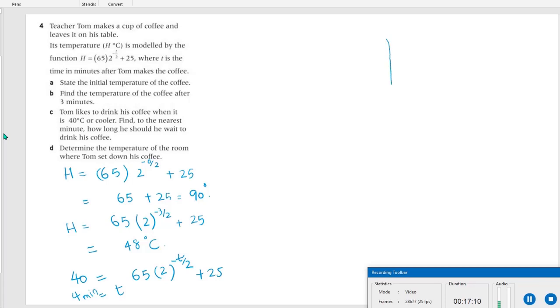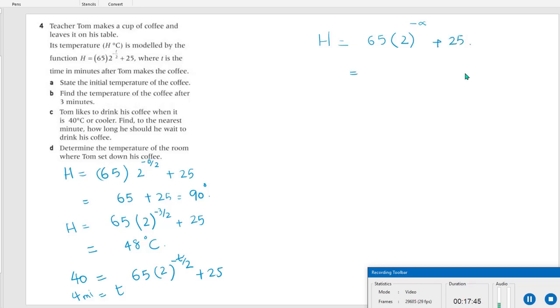Remember, the room temperature is the temperature where the coffee should not be cooler than that. Okay, obviously it would be an asymptote. So let's just check. At the asymptote, H would be 65 times 2 to the power minus infinity plus 25.